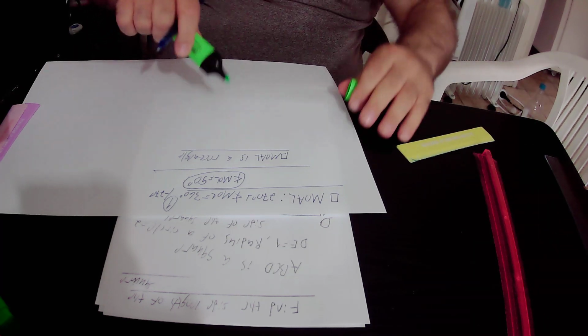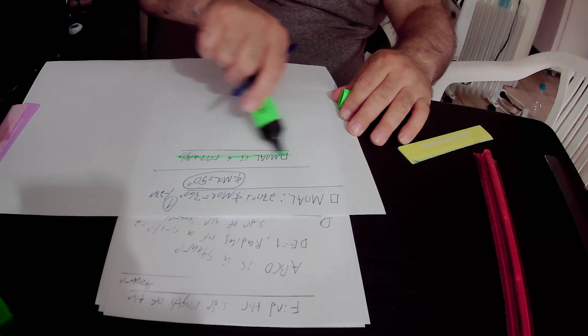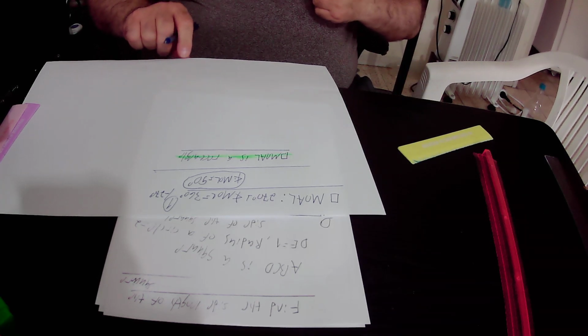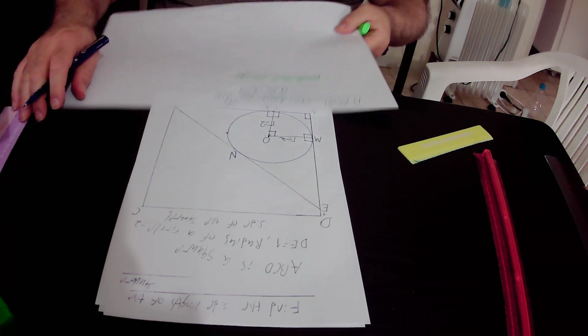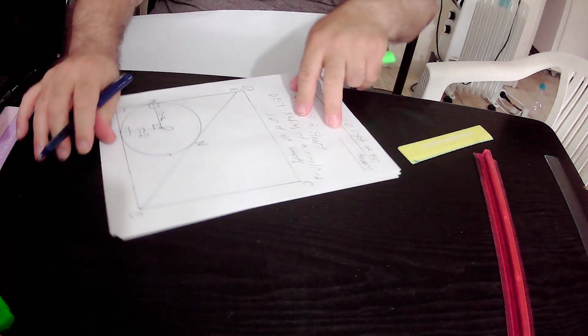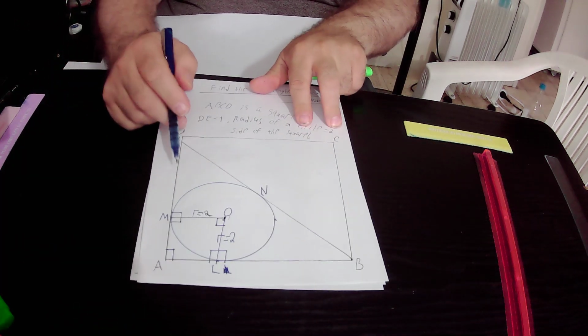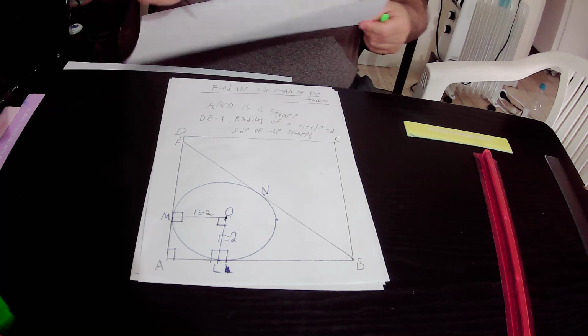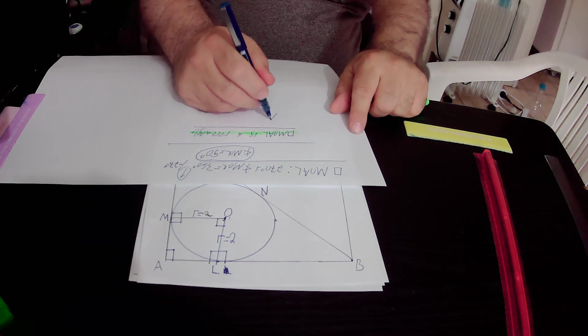Quadrilateral MOAN is a rectangle, and we know that the opposite sides of a rectangle are equal to each other. So in rectangle MOAN, we know that MO equals AN.